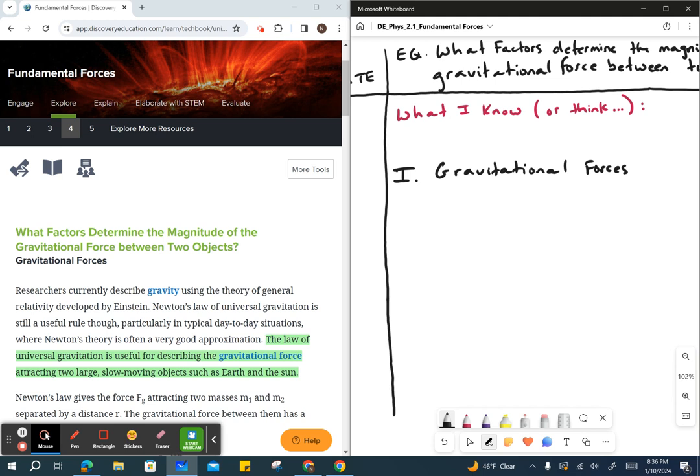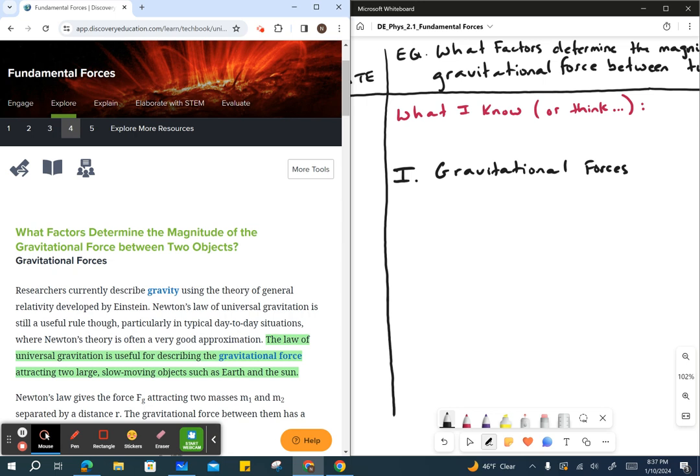We mentioned earlier that gravity is now described using the theory of general relativity developed by Einstein, whereas the other three fundamental forces are lumped together in the Standard Model. We talked about that in the last couple lectures.